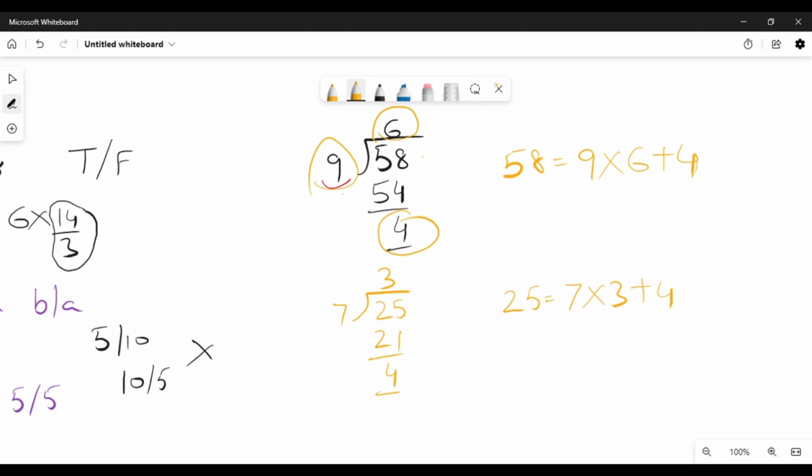Make sure that the remainder is always less than the divisor. Here again the remainder is less than the divisor. Now this is what is your Euclid division lemma. What I have concluded from here is that if I am dividing 58 by 9, then there exist unique integers 6 and 4 such that 58 is equal to 9 into 6 plus 4.